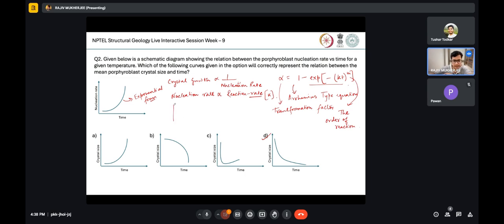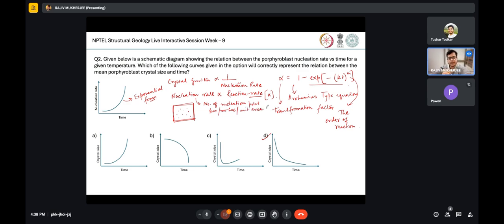The concept is such that if I have a space, a surface area or volume, whatever, nucleation rate means the number of nucleation points per second, per unit area.